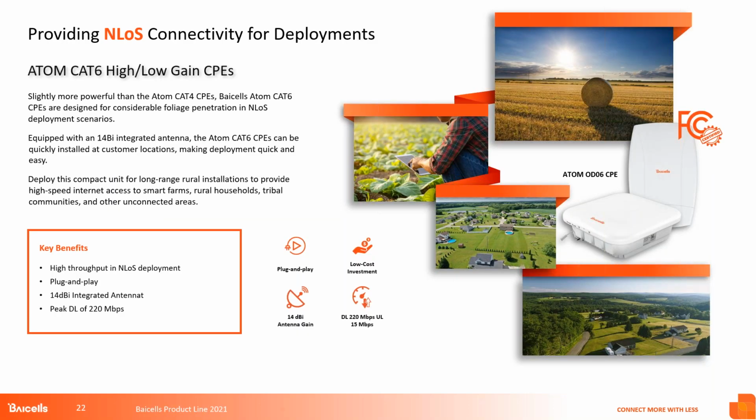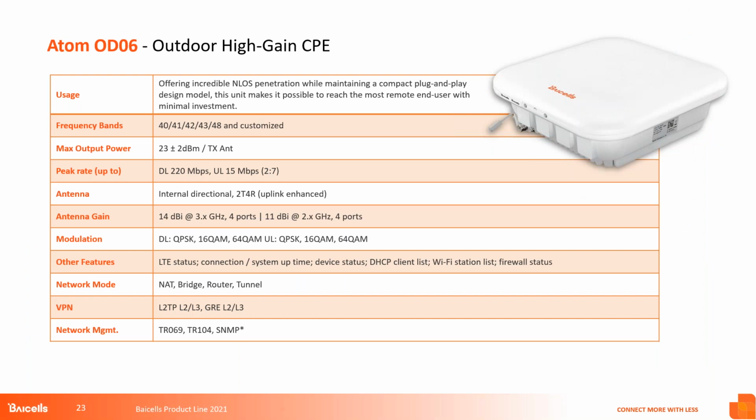In the Cat 6, again, to the layman's eyes, these two devices are going to look very similar in its Category 4 and Category 6 versions. For us, it's just determining if you're going to be leveraging carrier aggregation, as well as when we do move to the Cat 6 high gain CPE, we're actually moving down to 14 dBi gain capabilities.